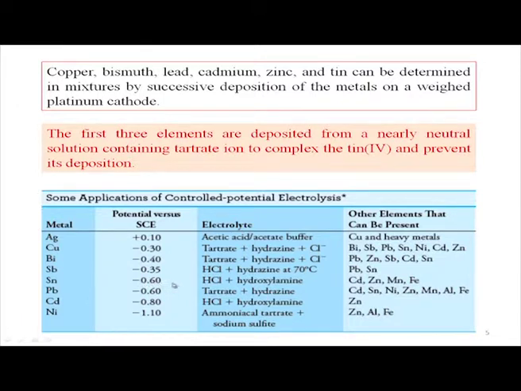Sometimes the interfering metal ions are present, but in their presence we can reduce the corresponding metal ions selectively if we fix the potential at this value. So, what we get therefore is that the sensitivity and selectivity are very good.